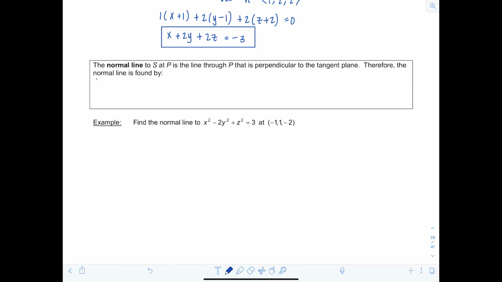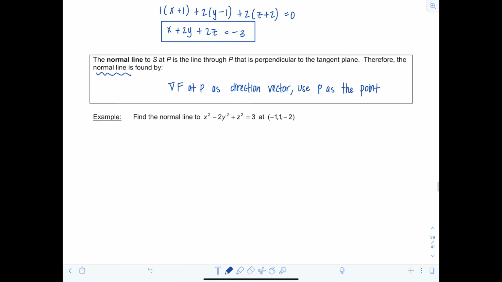So the normal line could be found by taking the gradient of f at P as the direction vector. And then use P as the point to write the parametric equations for this normal line.